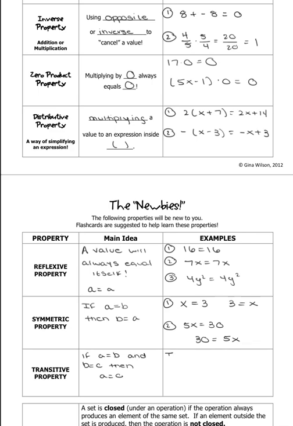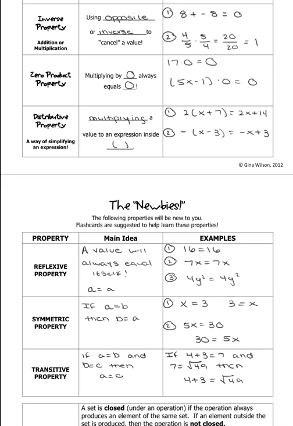For example, if 4 plus 3 equals 7, and 7 is equal to the square root of 49, then 4 plus 3 is equal to the square root of 49.